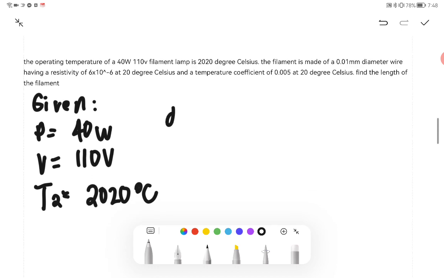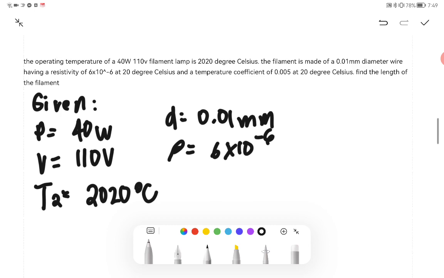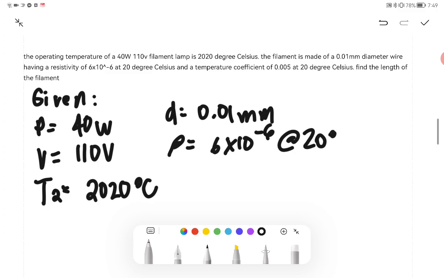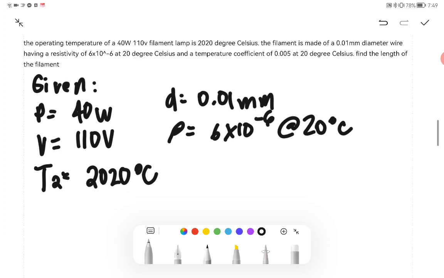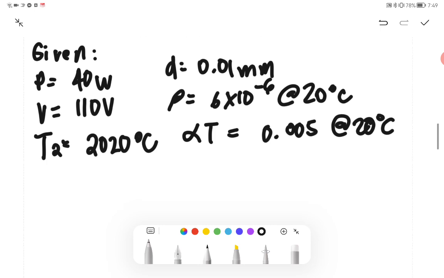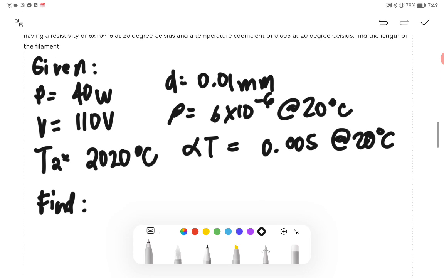Also, we have the diameter of 0.01 millimeter, resistivity of 6 times 10 raised to negative 6 at 20 degrees Celsius, and then our temperature coefficient, which is 0.005 at 20 degrees Celsius. So we are tasked to find the length of the filament.